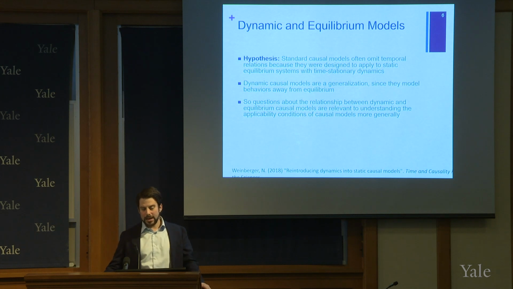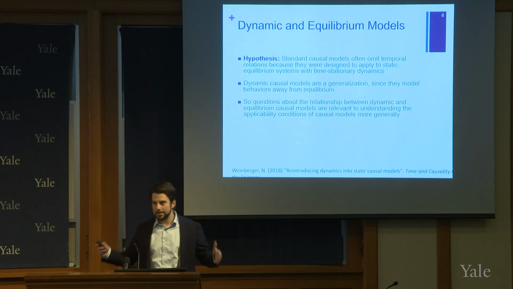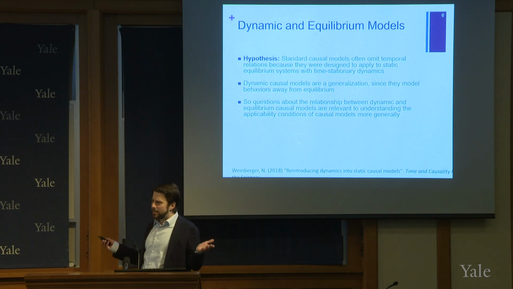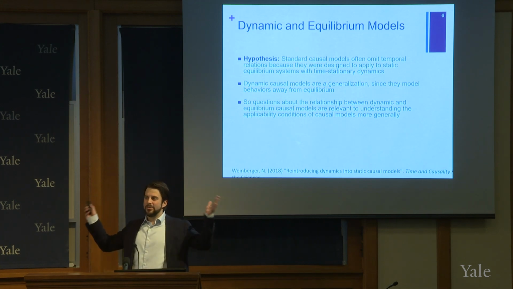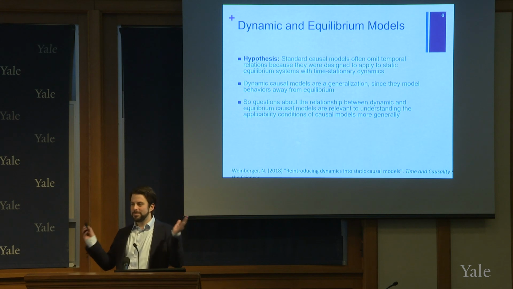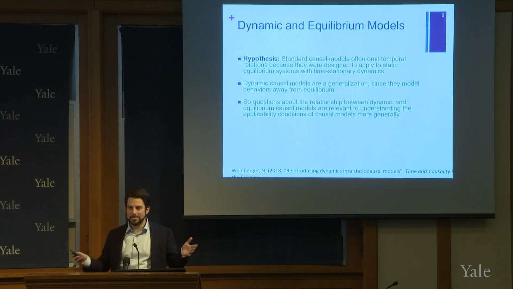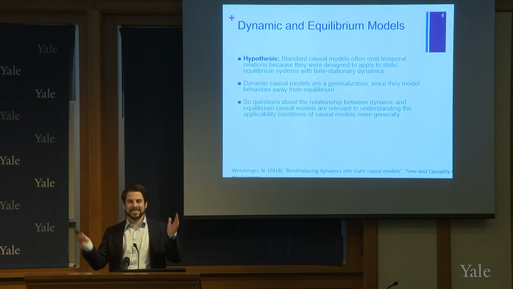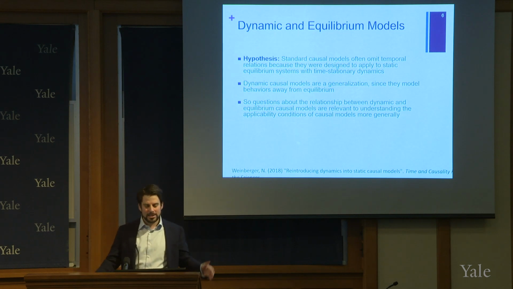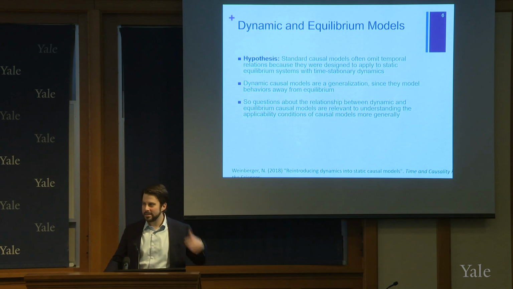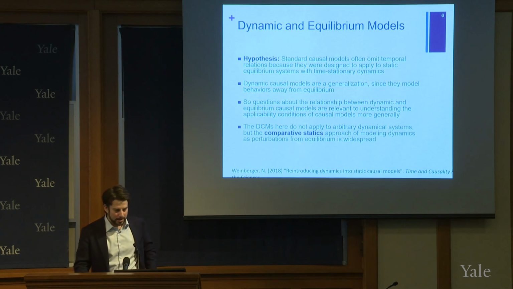And the upshot of this philosophically is that even though what I'll be talking about in the next few slides is the relationship between equilibrium and dynamic models, and that might seem really obscure, like, okay, maybe some weird causal modelers care about it, but serious philosophers or metaphysicians don't, I'm suggesting that even when people do not explicitly talk about equilibrium and dynamics, the types of assumptions I'm considering are often embedded in the models and not made explicit.